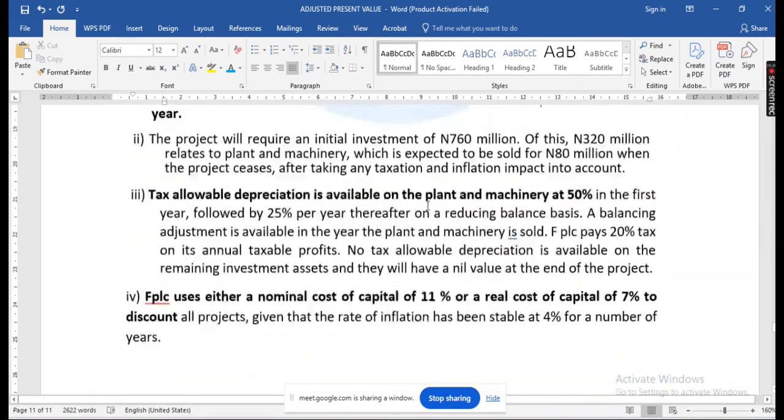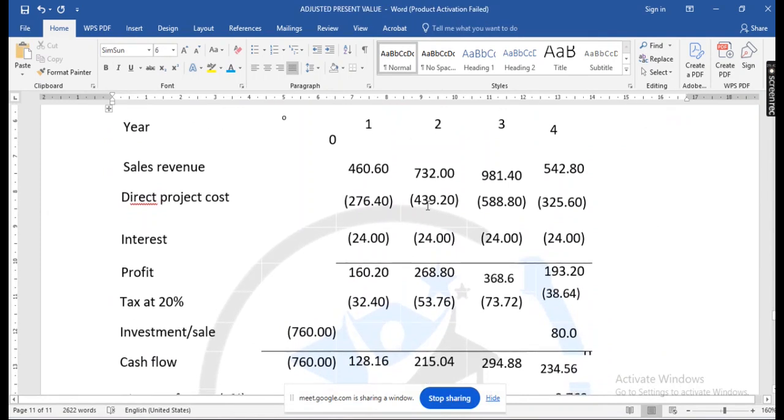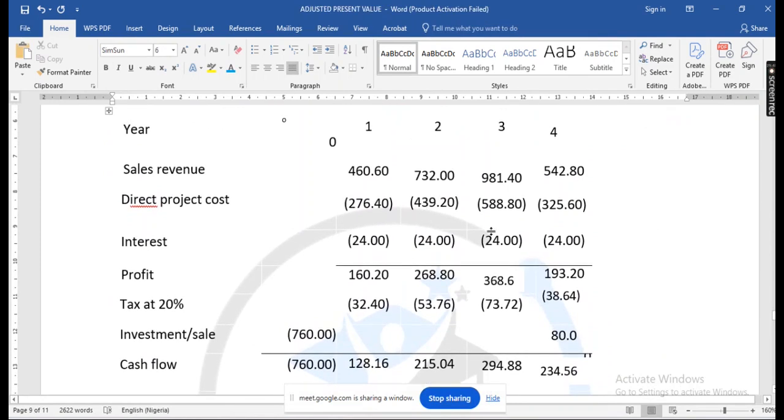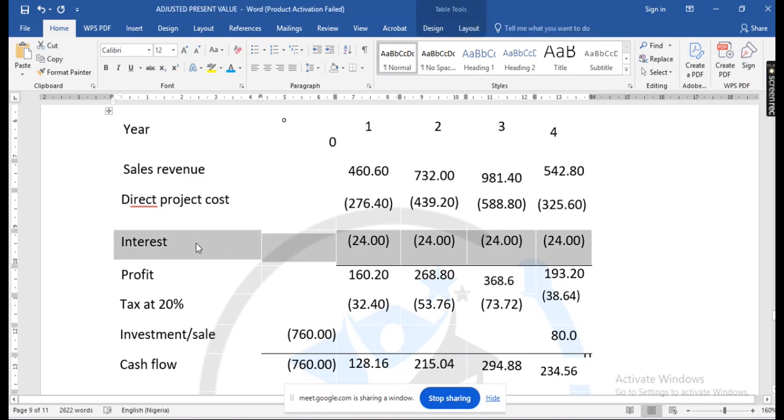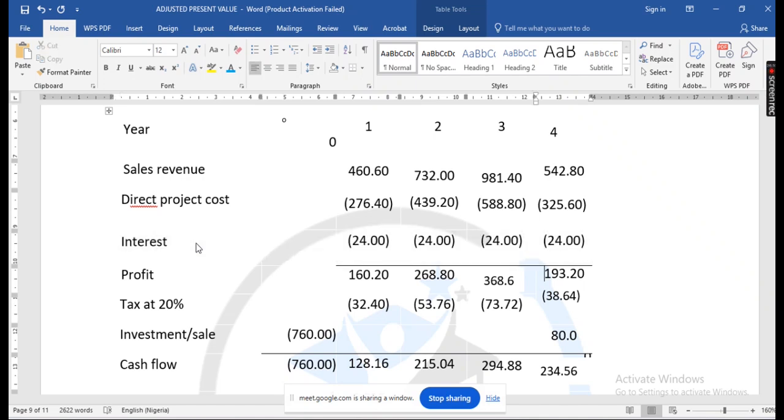That's fine. So now that is the incremental, right? And don't forget, anything that has to do with interest is not allowed, because this interest will form part of the cost that you use to discount the project. Anything that has to do with interest elements, you will not consider it as a relevant cost, right?